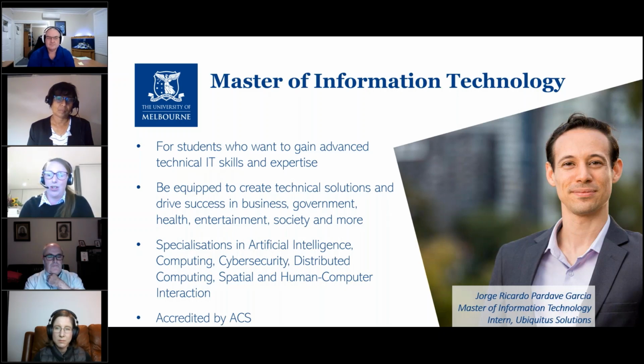It's always evolving, so we're up to date with all those leading research areas, and you'll be taught by some of the leaders in the field, which is also an area that's very important to all of our students. Again, accredited by the ACS, the Australian Computing Society.